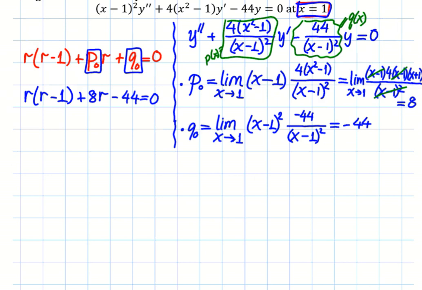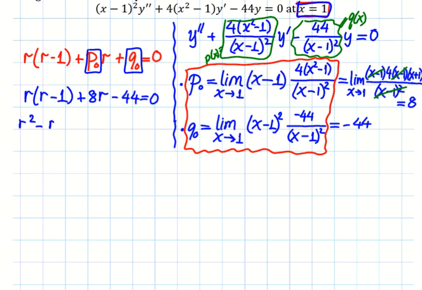So again, the formula for p naught and q naught is this, just like the capital P and capital Q. Now we just solve the equation. R squared minus R plus 8R minus 44 equal to 0.